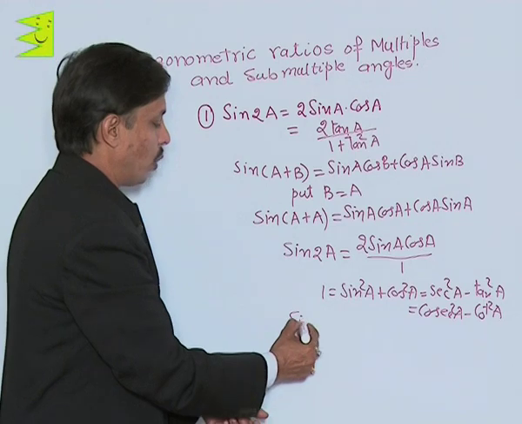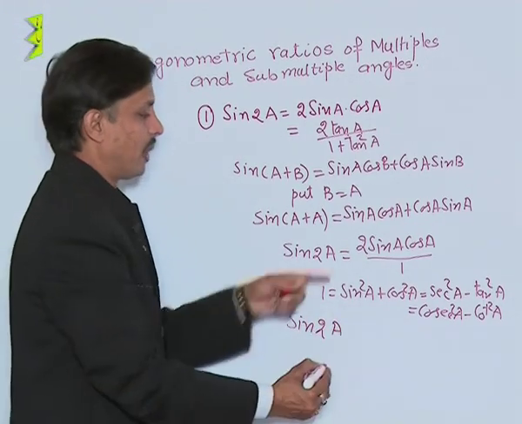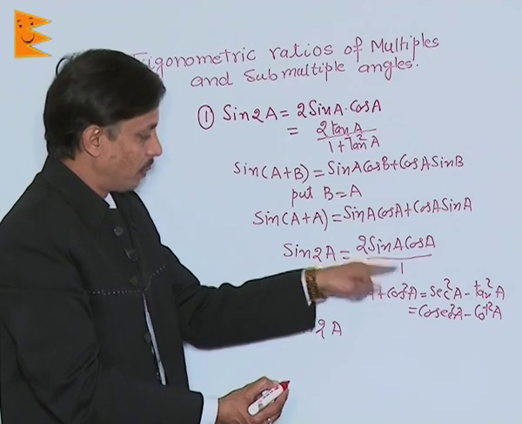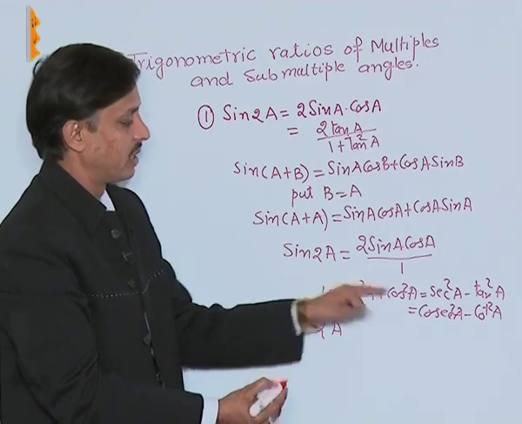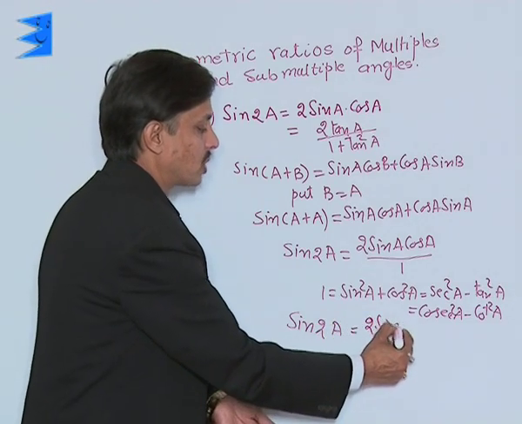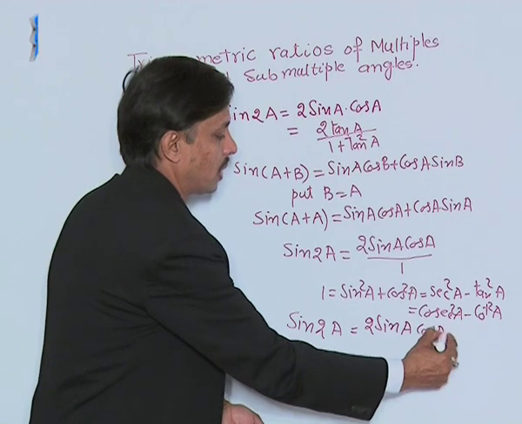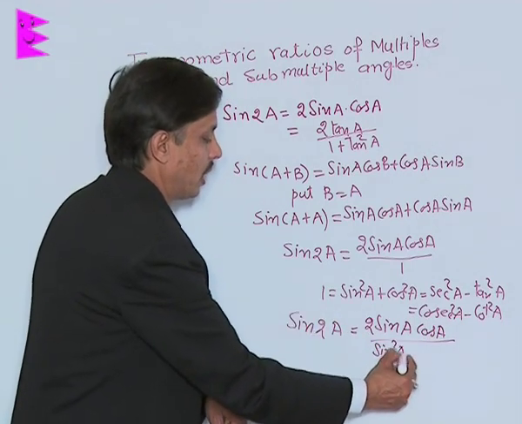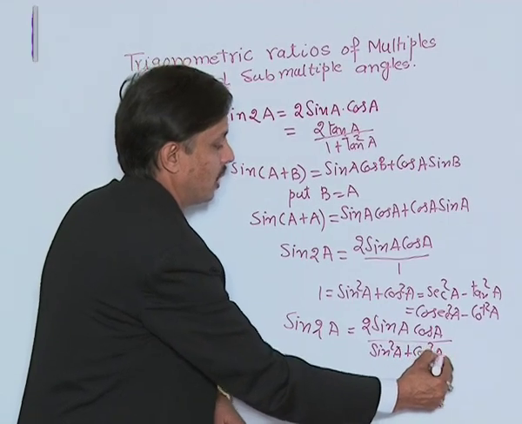So sine 2a, which has become equal to 2 sine a cos a upon 1, in place of 1 if I write sine square a plus cos square a, this will be 2 sine a cos a upon sine square a plus cos square a.